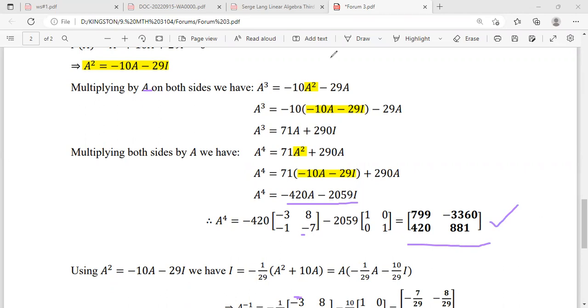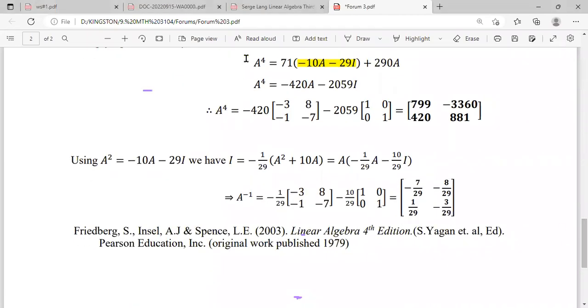Good. Now moving on to the other part, we want to find A inverse, and I'm going to restate the formula for A squared. I'm going to restate that back, and I'm going to work from that thereafter.